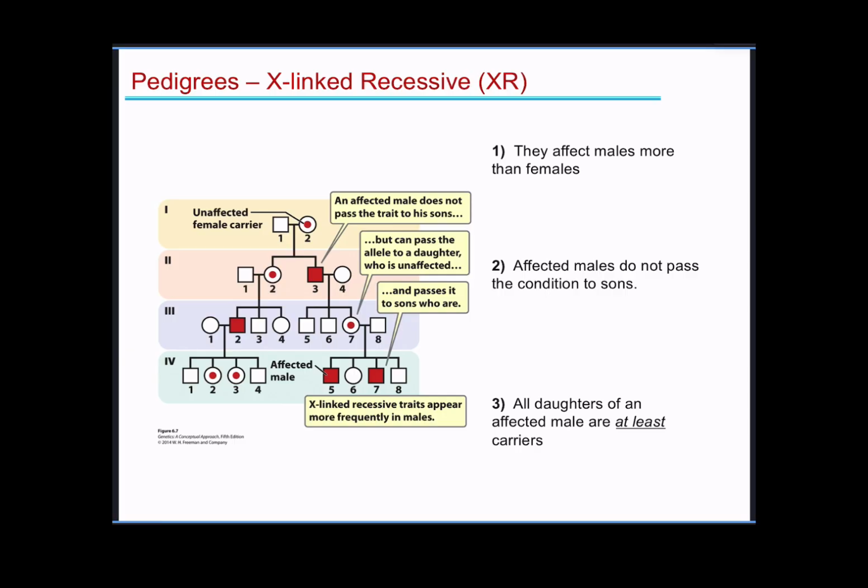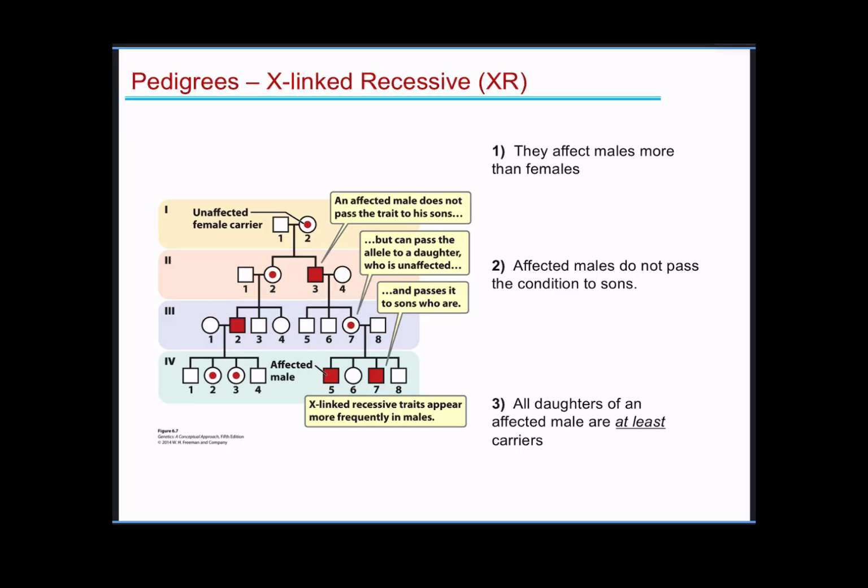Like X-linked dominance, affected males do not pass the condition to their sons. So one telltale that something may be X-linked is when you see that the dads are not passing it to their sons. And the counterpoint is that all daughters of an affected male are at least carriers.